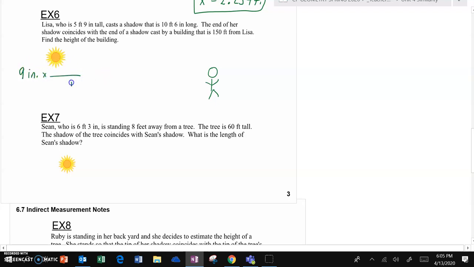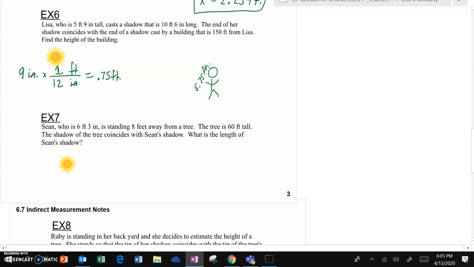And I know that there's 12 inches in 1 foot. And I want to go from inches to feet. So essentially, I'm doing 9 divided by 12. And when I do that, I get 0.75 feet. So essentially, Lisa is 5.75 feet. Okay. And that's going to be her height.